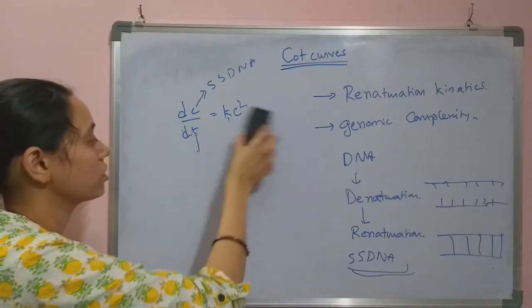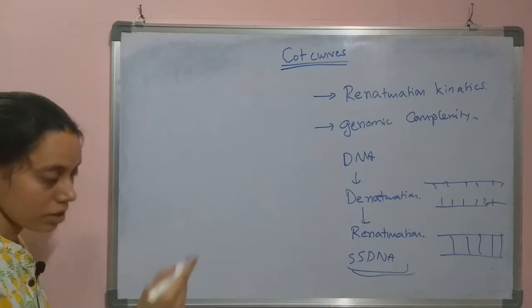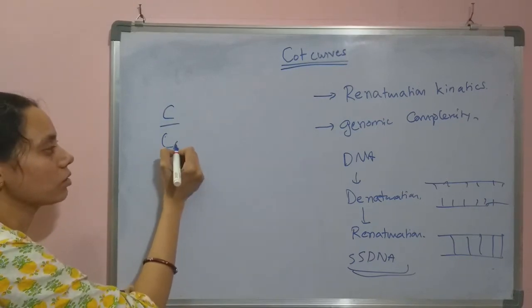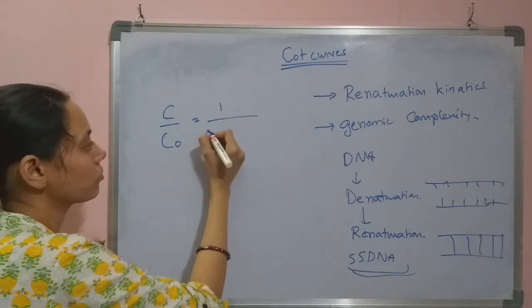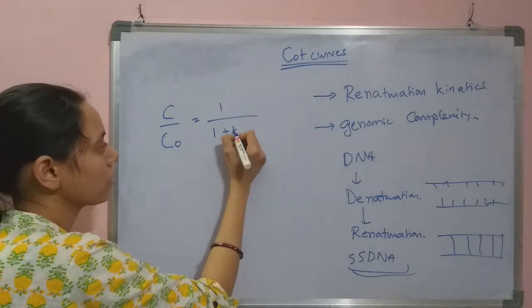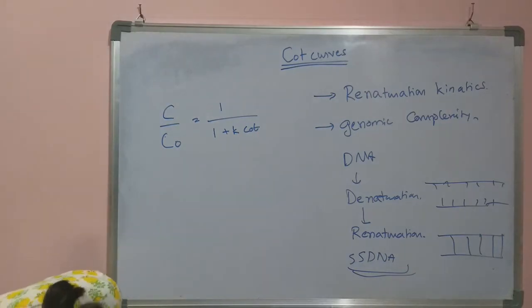So let us rewrite the reaction equation like this: C/C0 = 1/(1 + kC0t).